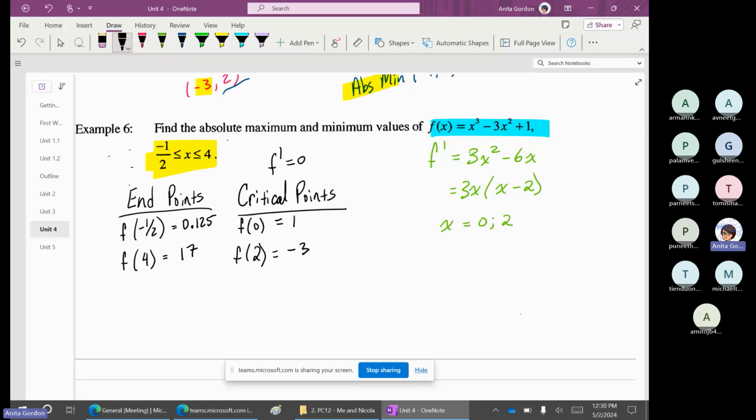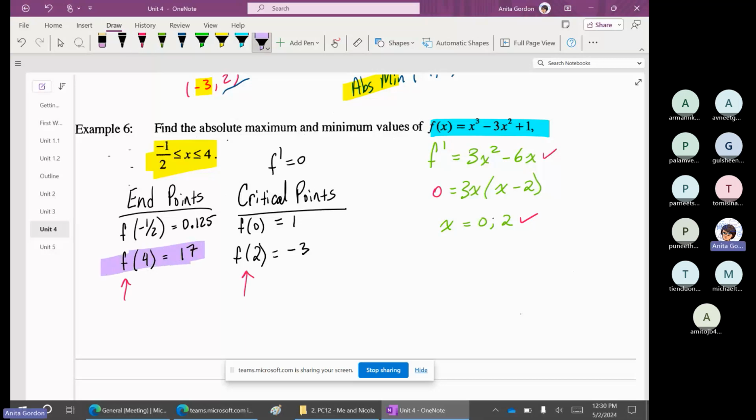So on your screen, I didn't do all the work in between, but you should see the gist of it. I took the derivative, I found the zeros or the critical points. I take my critical points and my endpoints and I'm putting them into the original function.